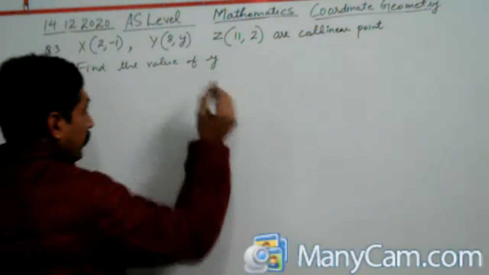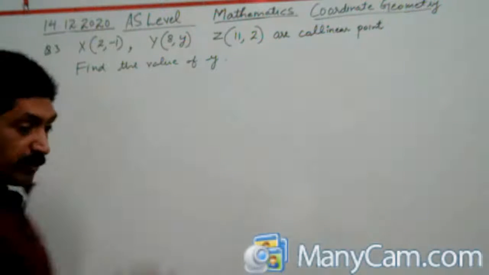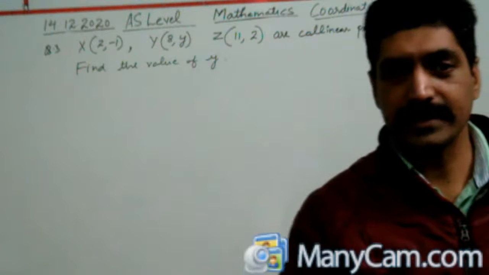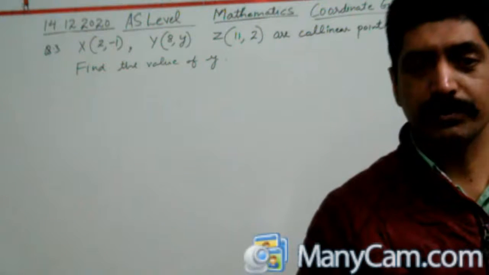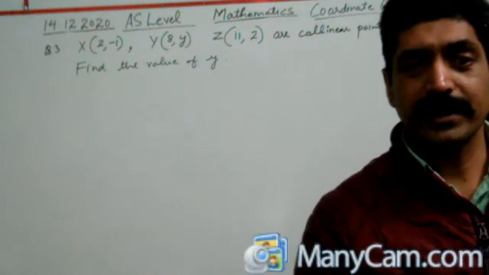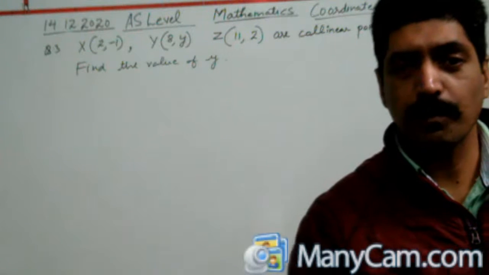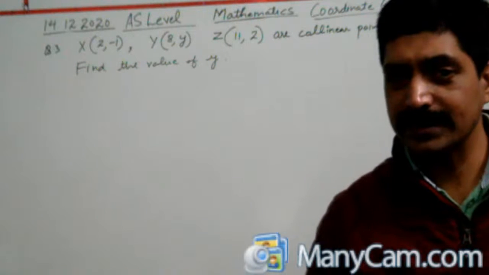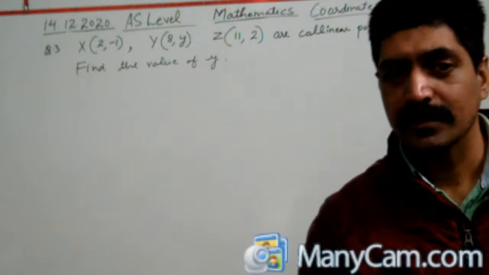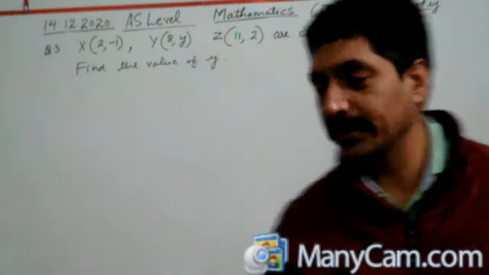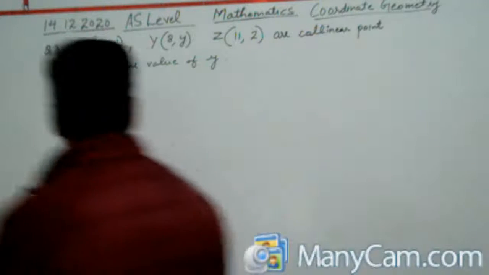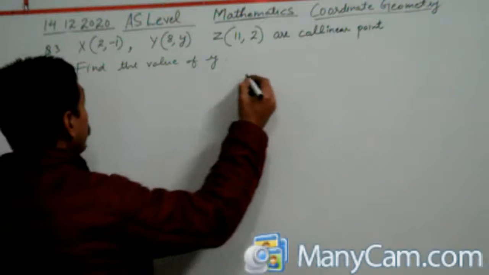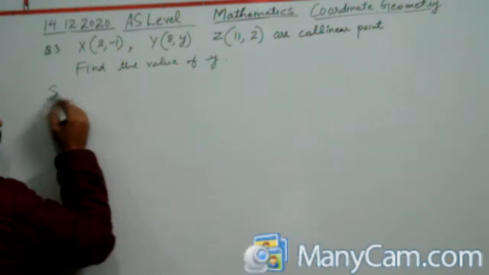So here we know these 3 points lie on the same line, meaning X, Y and Z lie on the same line. So what will we do? We know their gradient remains the same. The slope of the line segments XY, YZ and XZ remains the same, so we can use this property of the gradient or the slope.